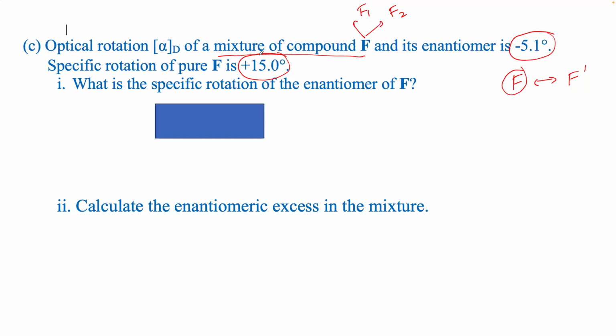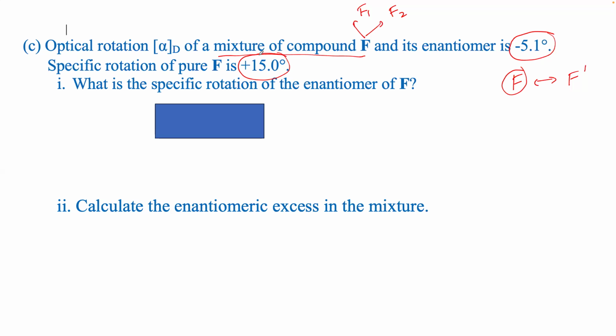Okay, question number 1. What is the specific rotation of the enantiomer of F? What is the answer? Minus 15. Yeah, very good. Now we don't know whether it's R or S. It can be R or S. We don't care. This is something we can measure.